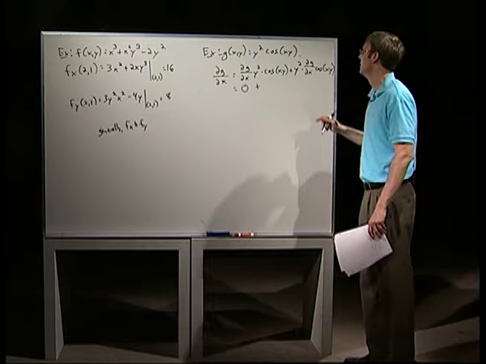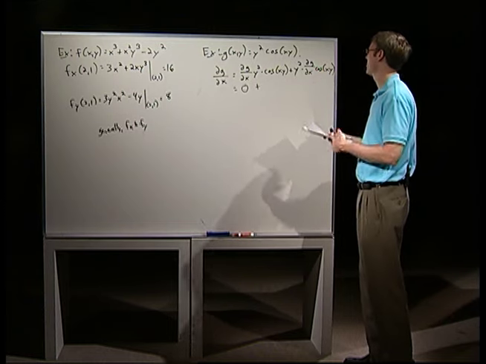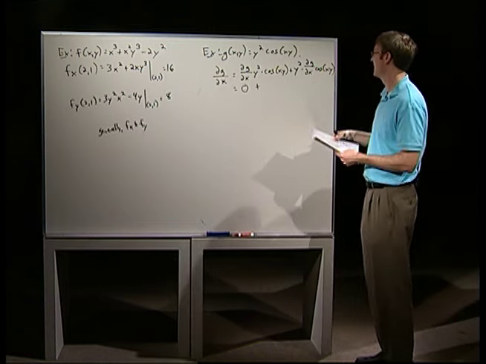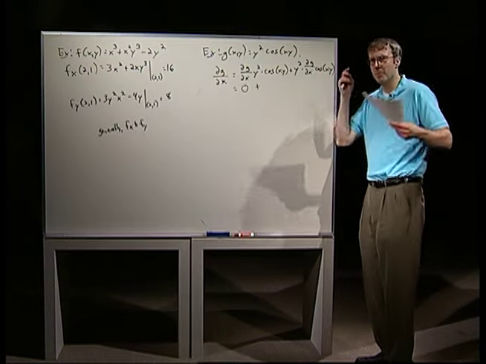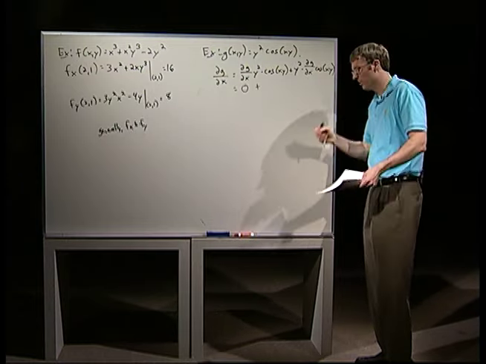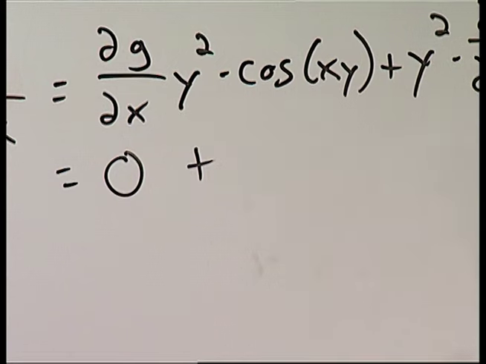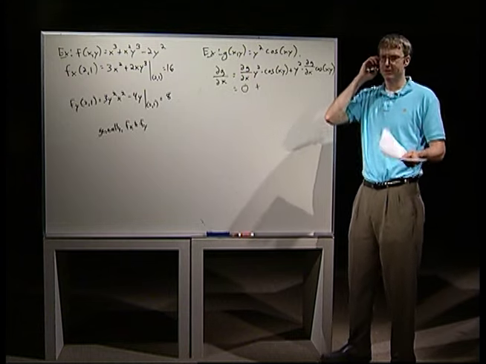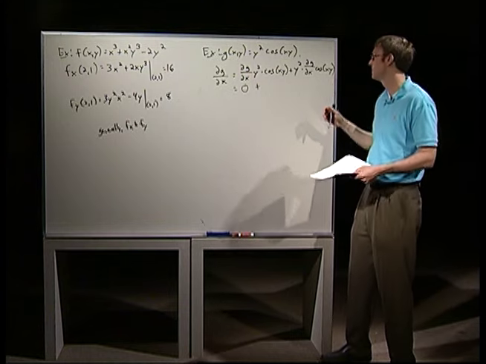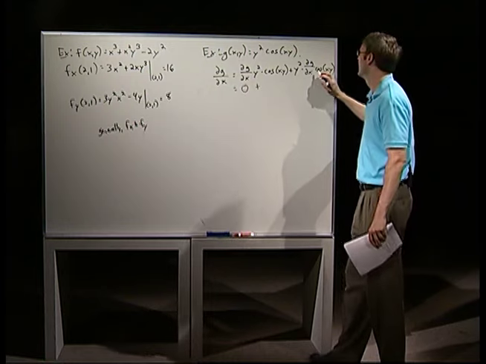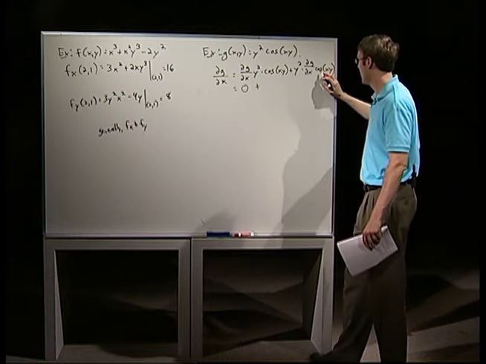How about over here? Partial g, partial x. This is like we have cosine 3x here, right? If we have cosine 3x, how does chain rule work? It's inside derivative times outside derivative, right? In other words, the derivative of cosine of 3x is 3 times negative sine 3x, or negative 3 sine 3x. Same thing here, right? The derivative here is still a chain rule deal.